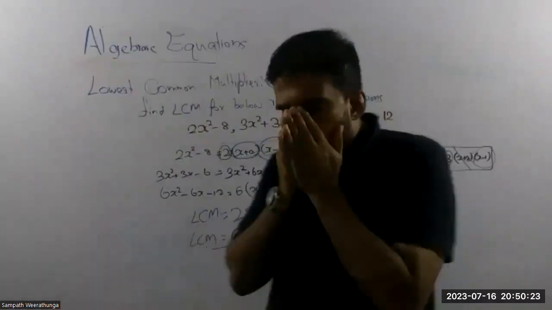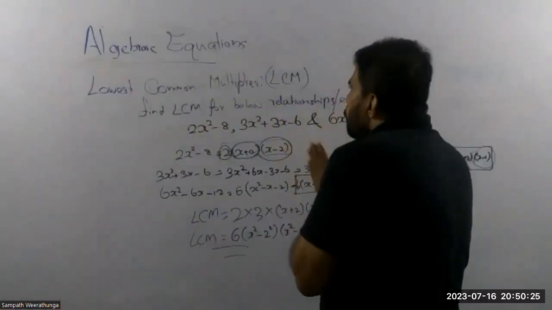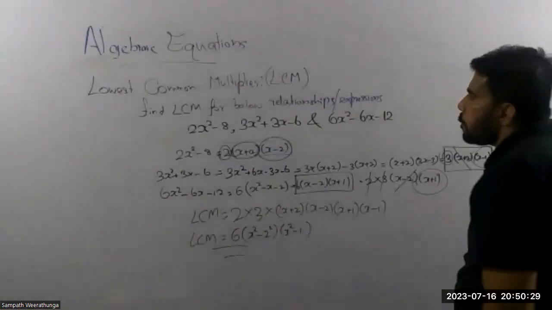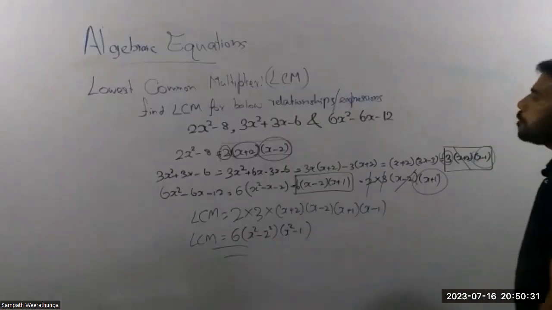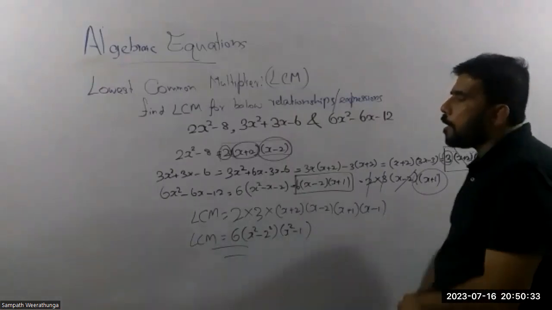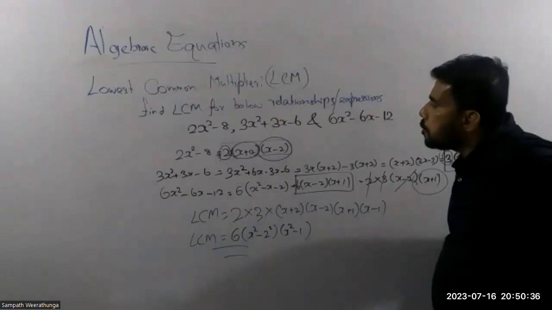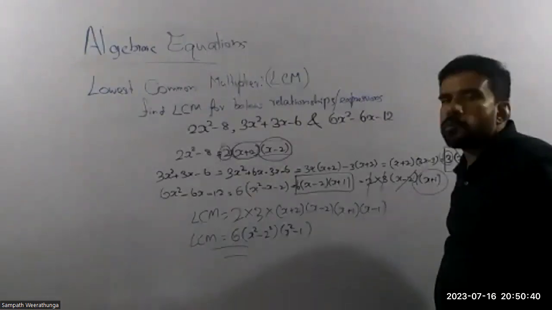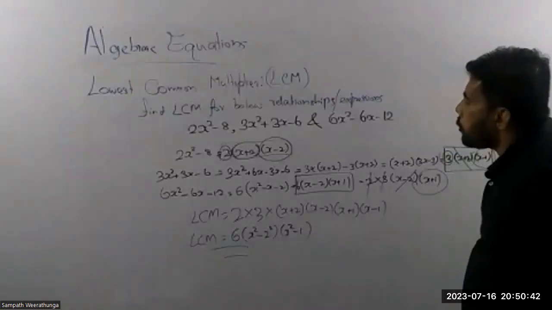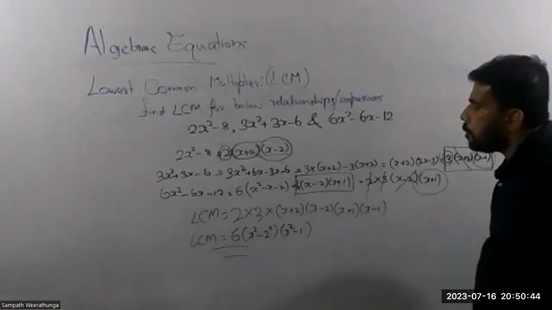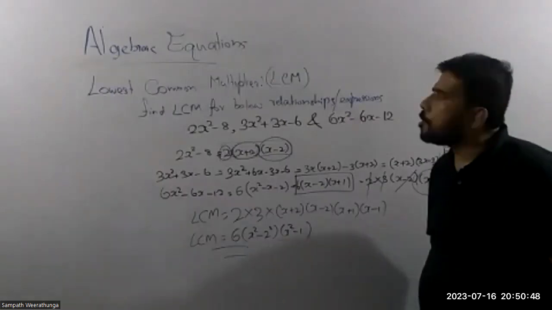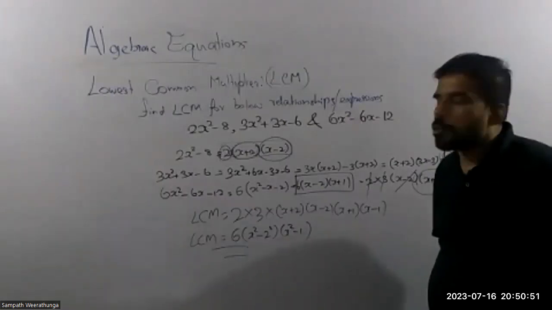Most of the time, the lowest common multiplier is used when we are simplifying fractions, especially the algebraic fractions. So we are having one lesson called partial fractions in first unit. With partial fractions, mostly we are applying this lowest common multiplier, and our knowledge on lowest common multiplier is very important.